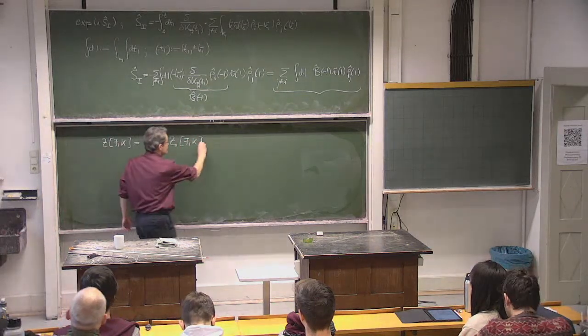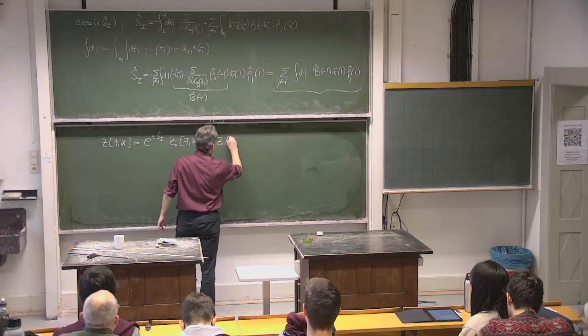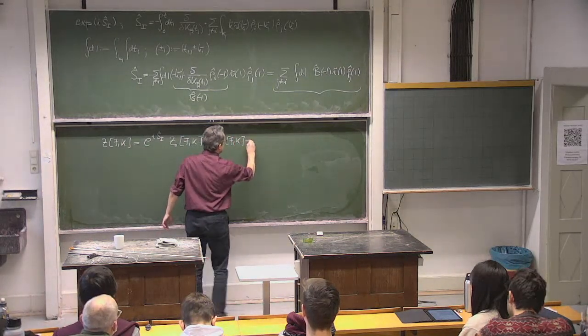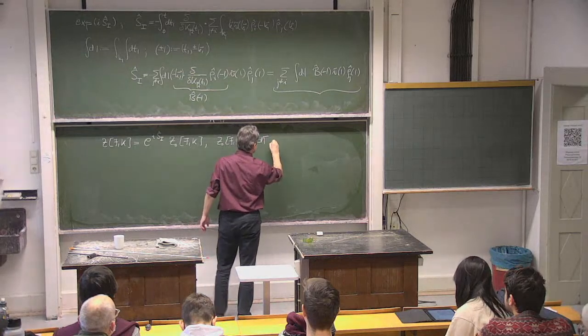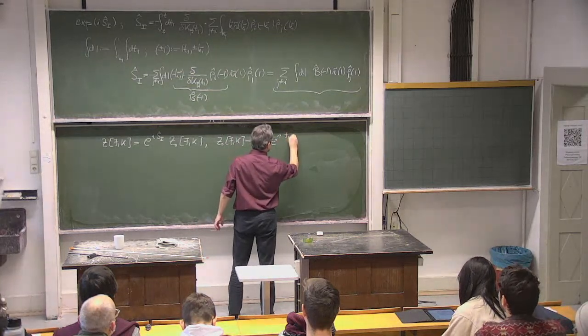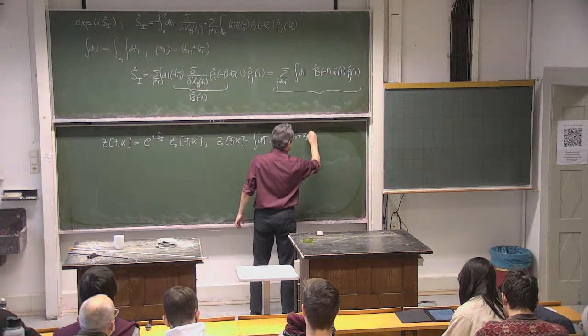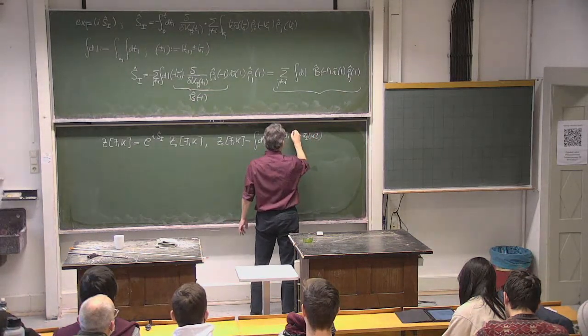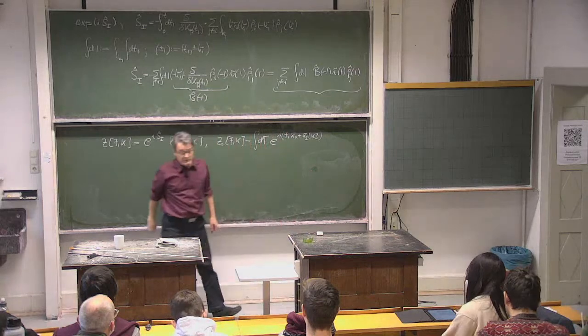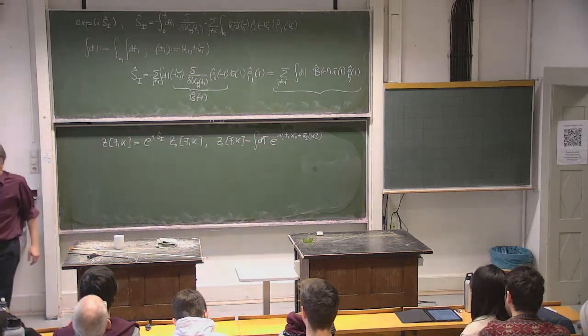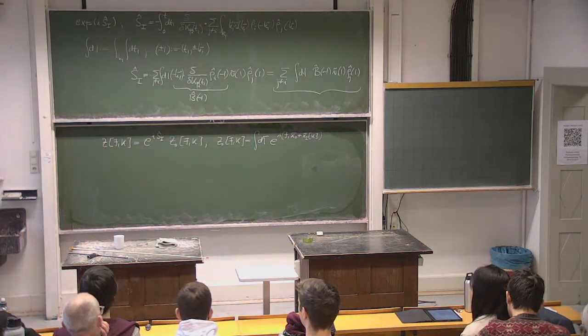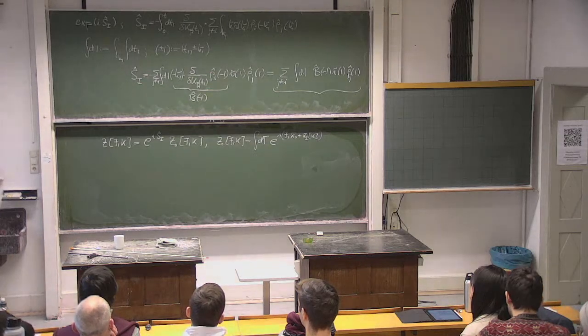And then set 0 of J and K is this expression here. So far, so good.